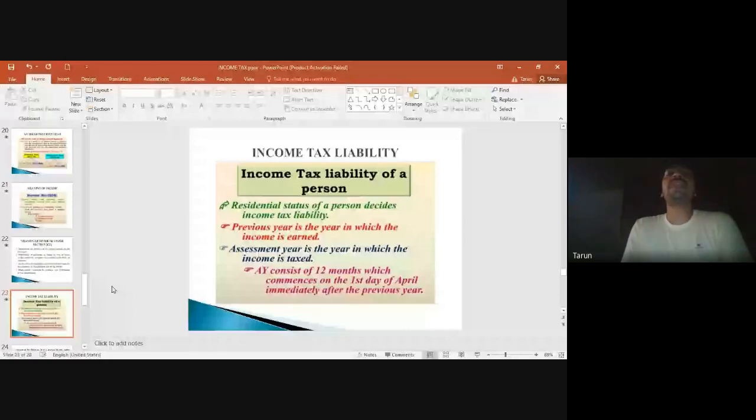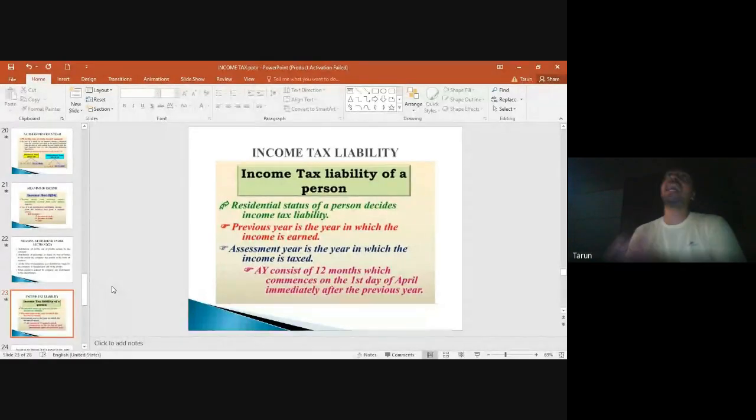Next one is the assessment year. Assessment year is also important if a person wants to pay tax on the income earned in the previous year. For example, if I pay tax on the income of the previous year 2022 to 23, my assessment year would be 2023 to 24.